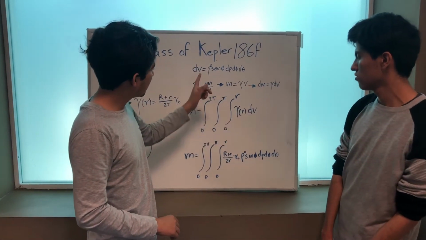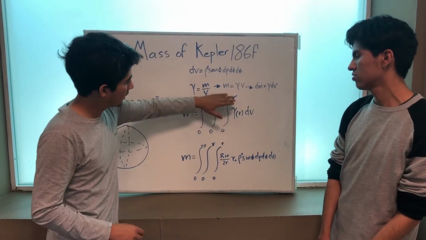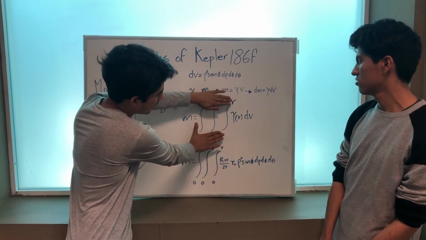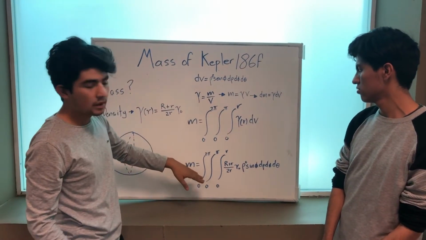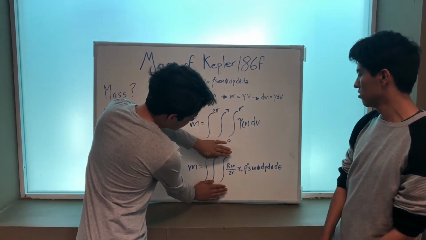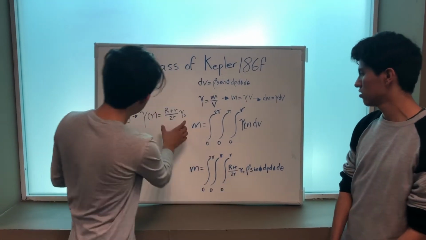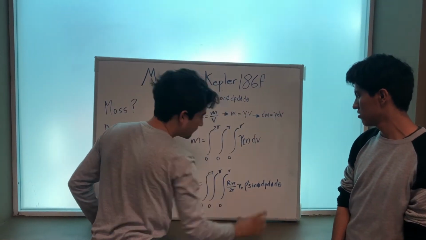Then we substituted all the values, and we got the density times the differential of volume, which is this one.